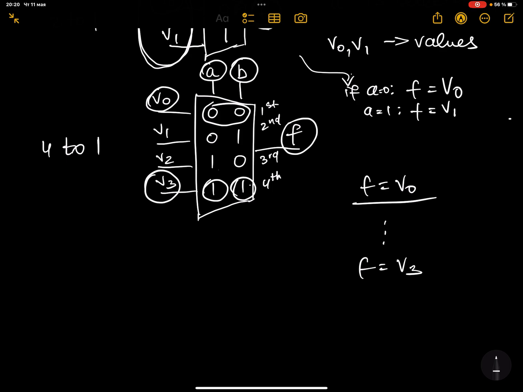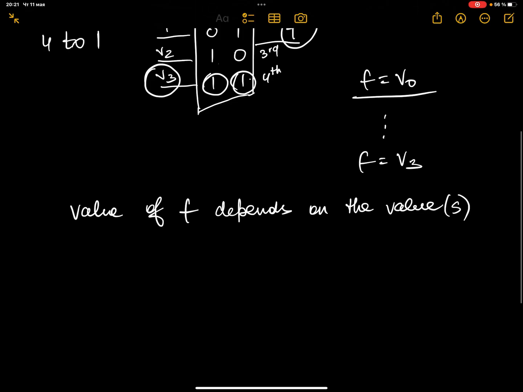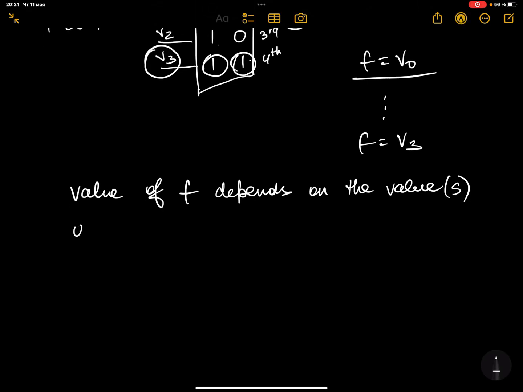As I've told you, the value of the function depends on the values of the selectors, because you can have more than one selector. Okay, please just remember this.